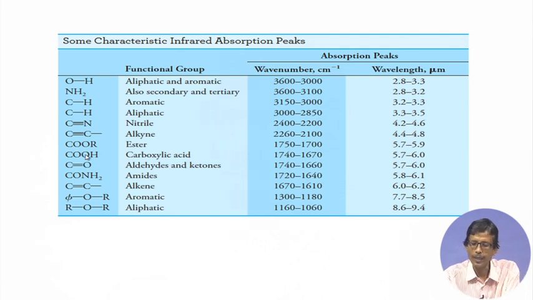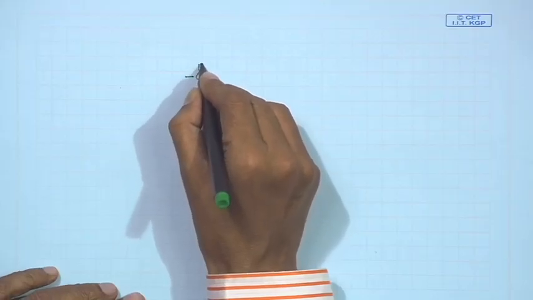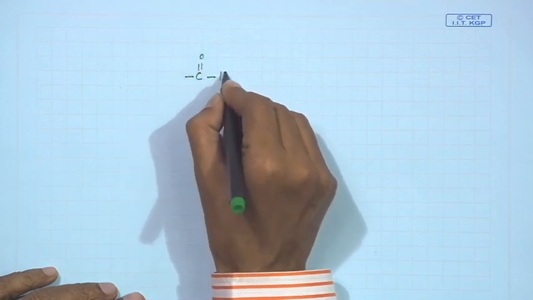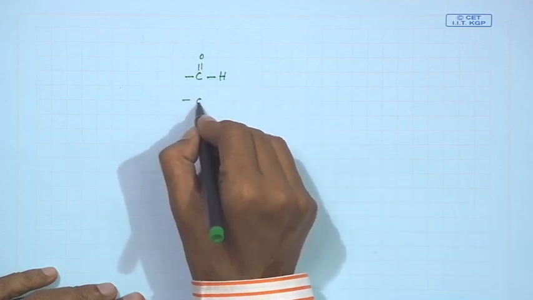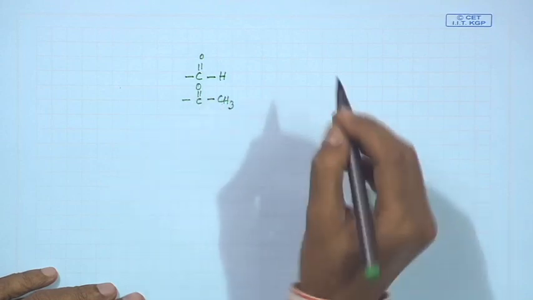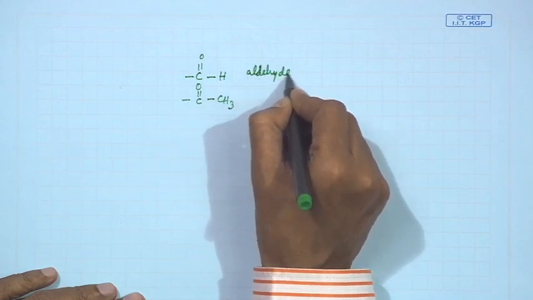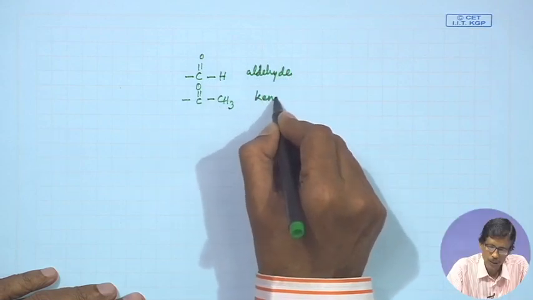Because if you have the CO function, this can have H, or this CO function can have CH3 or any other R, giving rise to aldehyde or ketone.